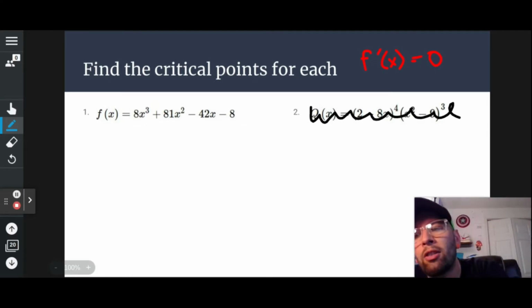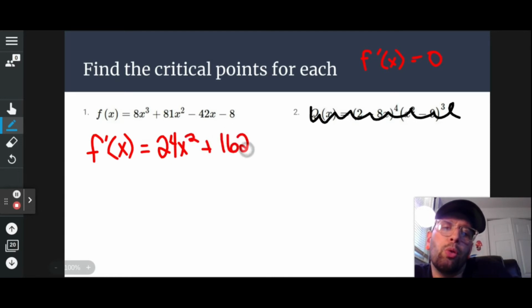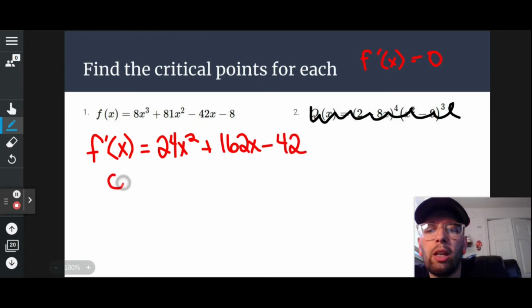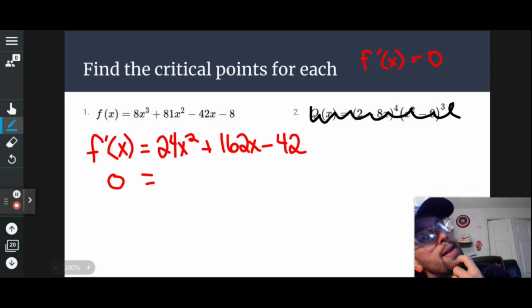So first off, I have to take the derivative, which is 24x squared plus 162x minus 42. Set that equal to 0. Factor out a 6.